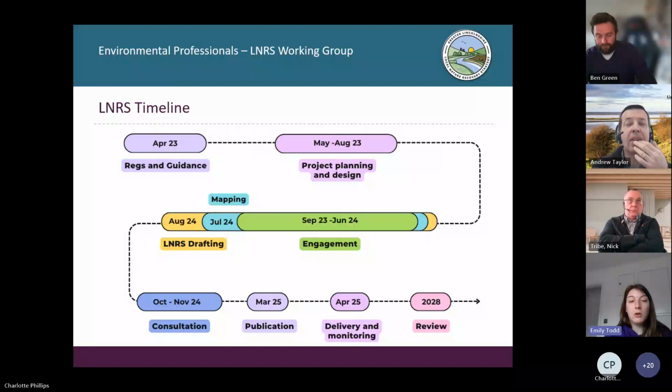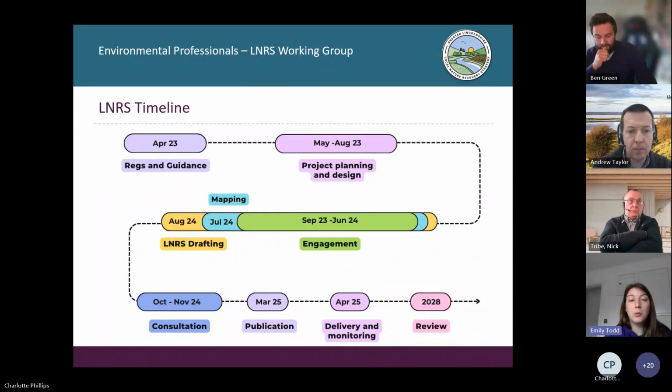During this time, we'll also be doing the mapping activities until July of this year, and then hope to have our consultation draft LNRS by August 24.